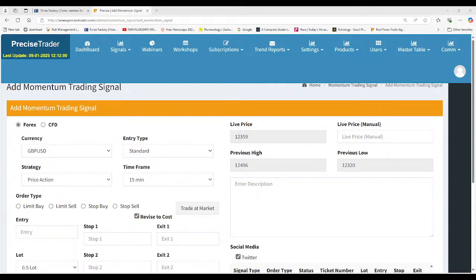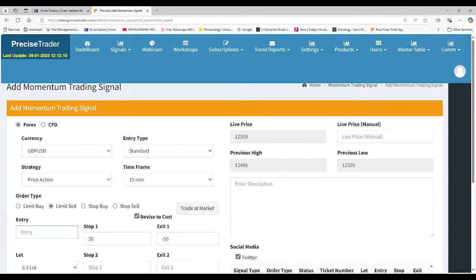We'll try to sell at 45. The price is not updated yet, so we'll try to sell at 45. Stop at 85.